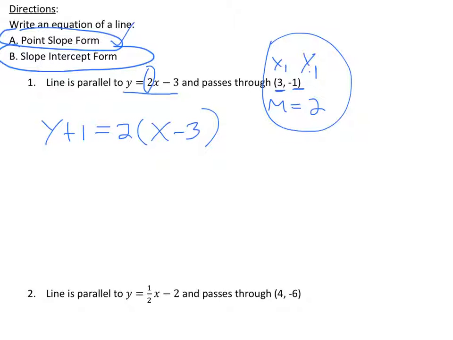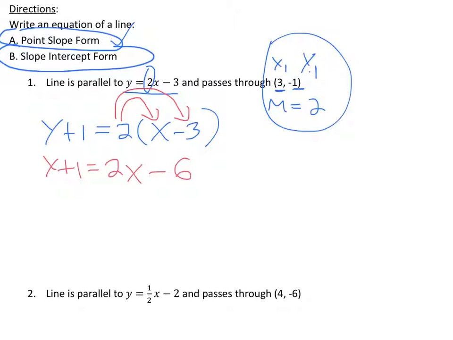To get it in slope-intercept form, I want to get y by itself, so I'm going to bring down the y plus 1, then I distribute the 2. So 2 times x is 2x, and then 2 times negative 3 is negative 6.